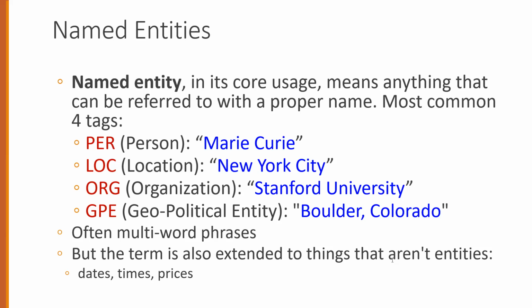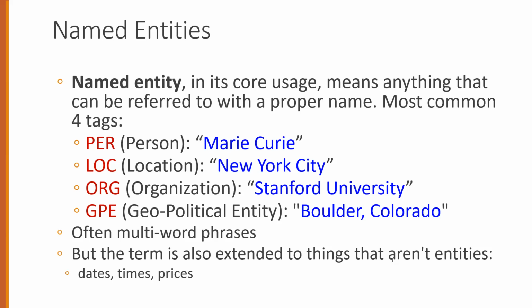For example, Janet is a person, Stanford University is an organization, and Colorado is a location. A named entity is, roughly speaking, anything that can be referred to with a proper name: a person, a location, and an organization.